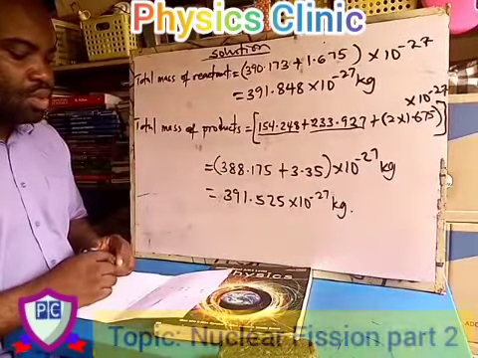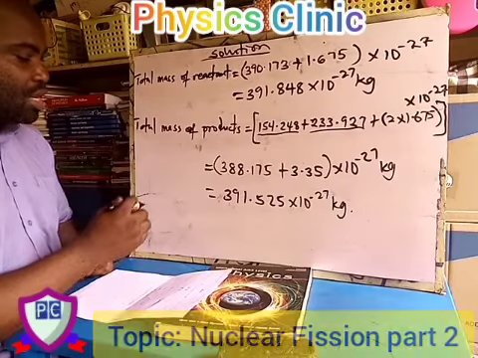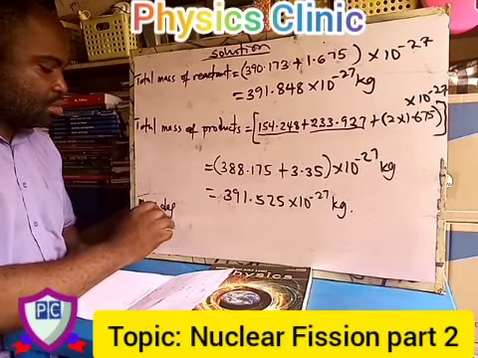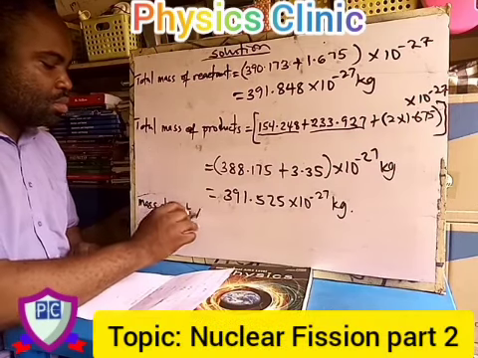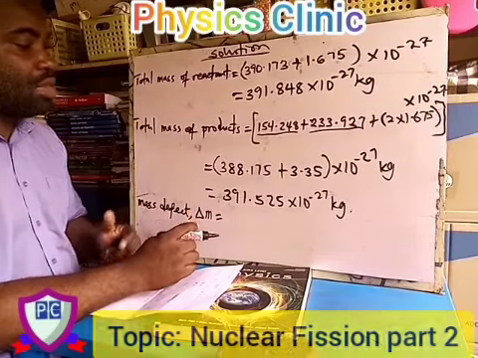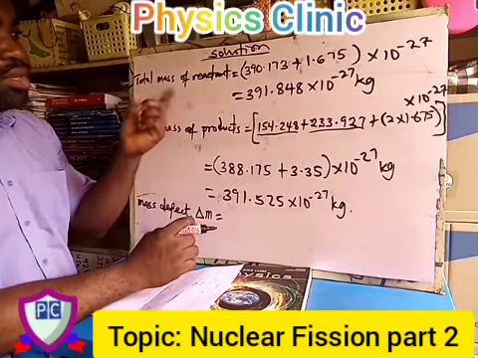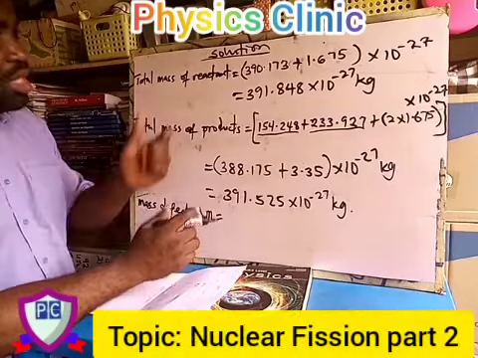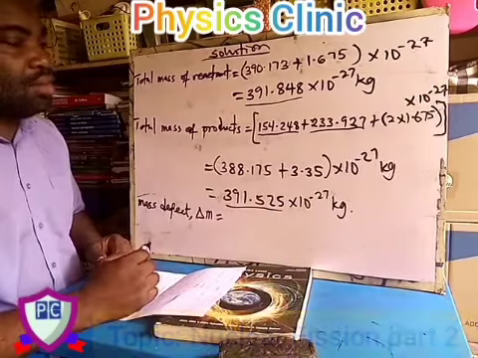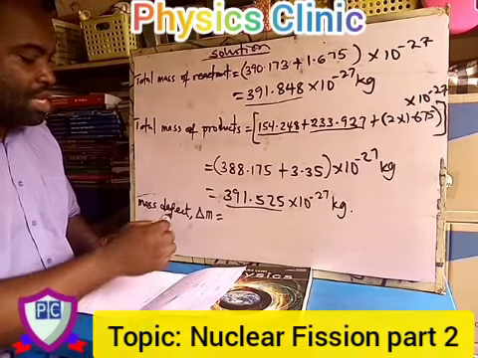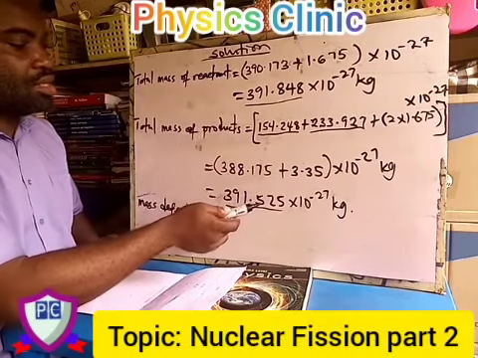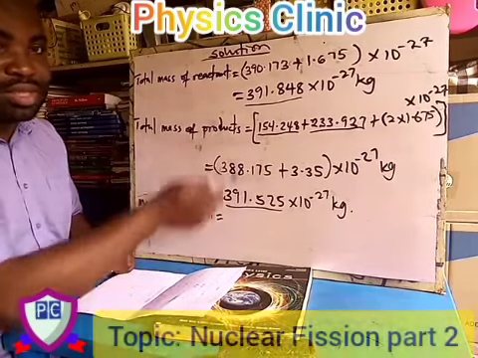Now, the next thing we are going to do is to calculate the mass defect. That is the difference between the mass of the product and the mass of the reactant. Here you will see that the mass of the reactant is slightly greater than the mass of the product. So to get the mass defect, we subtract the two of them.